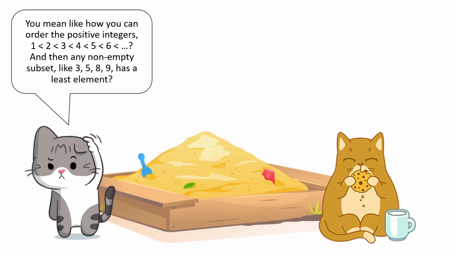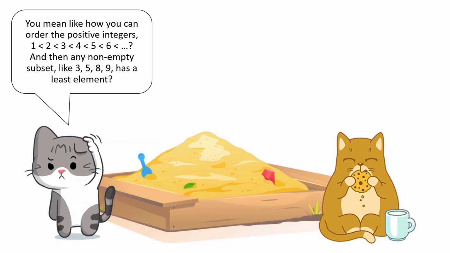Then if you take any non-empty subset, for example 3, 5, 8, 9, that would have a least element. In this case, the least element would be 3. And any non-empty subset, like 4, 5, 6, 17, would have a least element, which for that example would be 4.